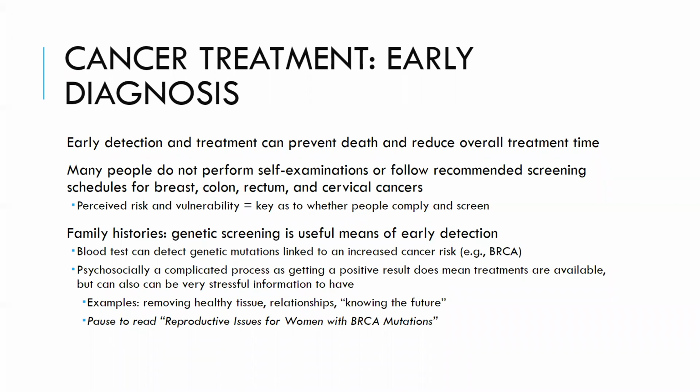At the end of the day, genetic testing is done via blood tests that are done to detect whether or not these genetic mutations are present. So this is what's done, for instance, in the case of screening for the BRCA1 and 2 mutations.